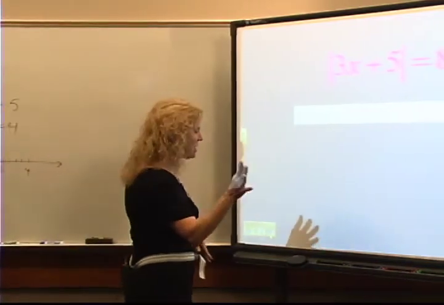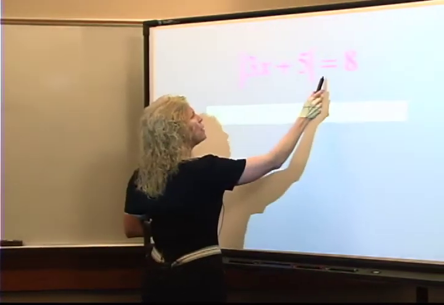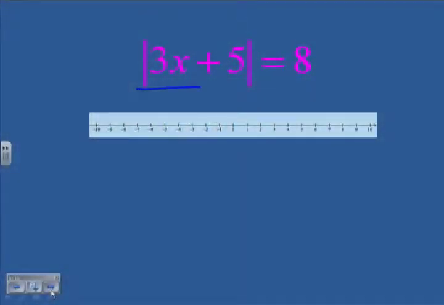Now, how do we remove that? Well, we look at what it says. This absolute value is equal to 8. That means the argument, the part inside here, this 3x plus 5, is either 8 or negative 8. Why?